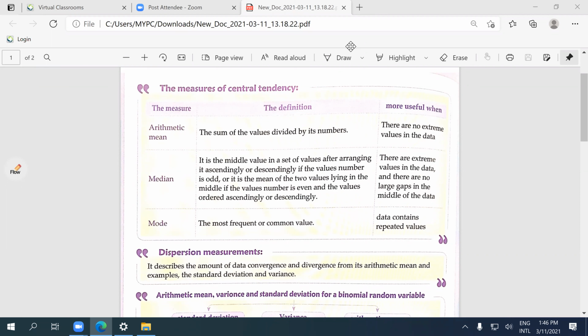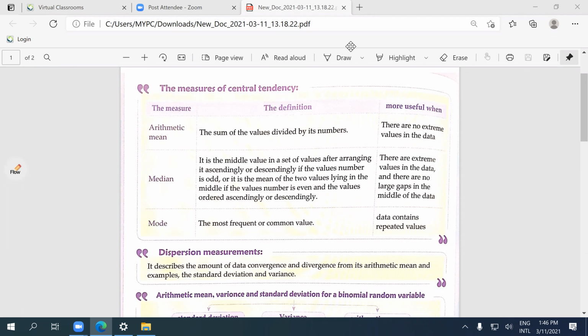What about the median? The median is the value that divides the set of values into two equal parts. It means the number that stands in the middle. You will arrange first. This is a very, very important step. Some of my dear students forget this step and take the number in the middle, and the answer is wrong because they don't arrange.